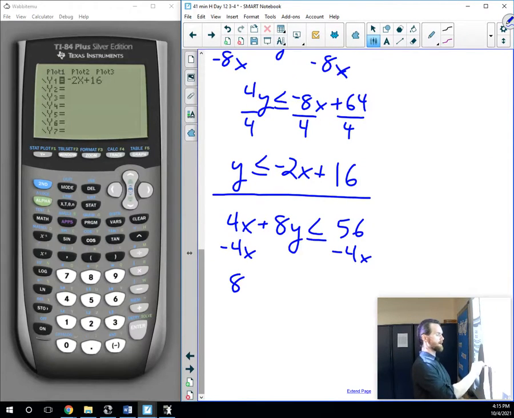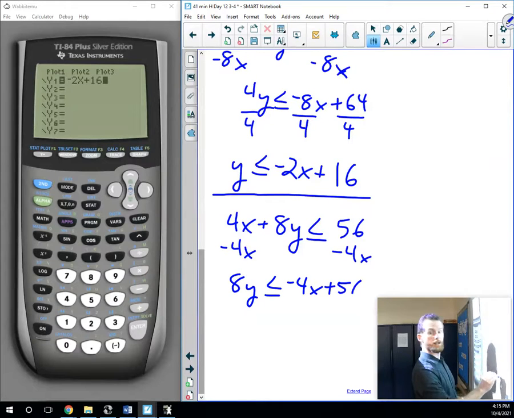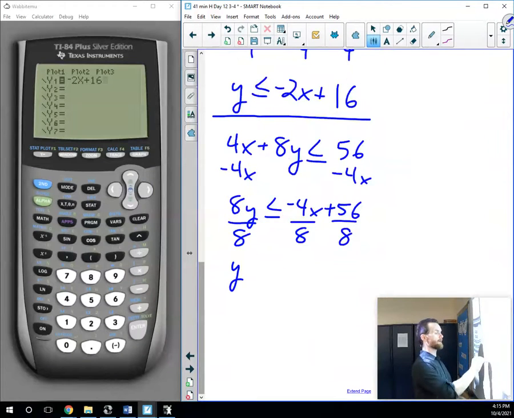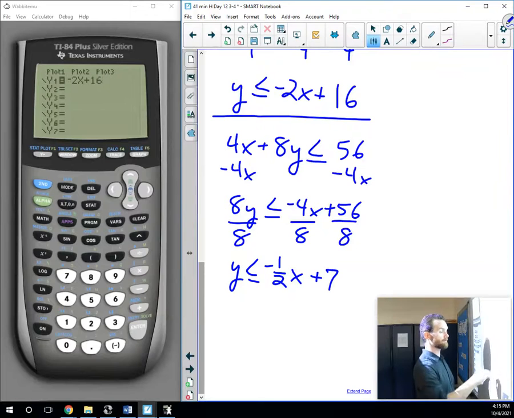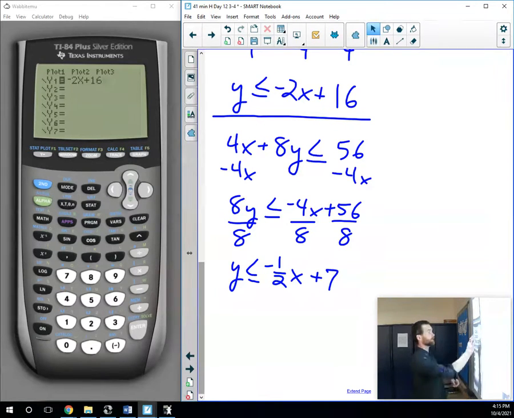We end up with 8y is less than or equal to negative 4x plus 56. Divide by 8. We get y less than or equal to negative 1/2 x plus 7. Plug that right into our graphing calculator. So it's negative 1 divided by 2 x plus 7. And we graph.